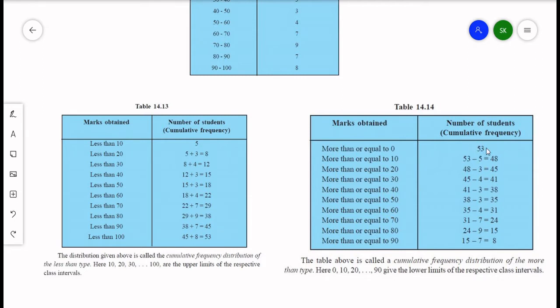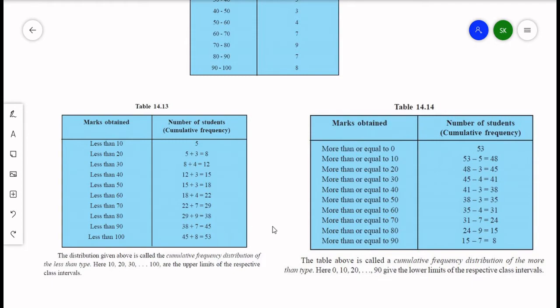And what is 53? 53 is N. So you need to understand that when we are considering more than type, we always start with N in the CF column. And if we are talking about less than, in the CF column, our last value will be N.